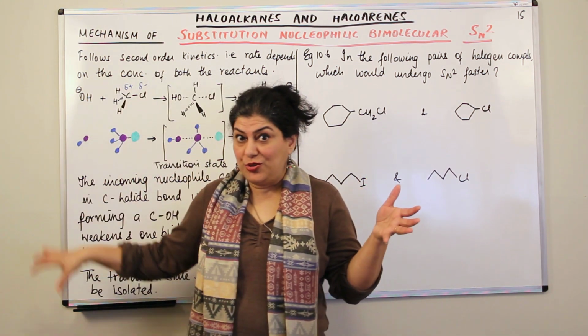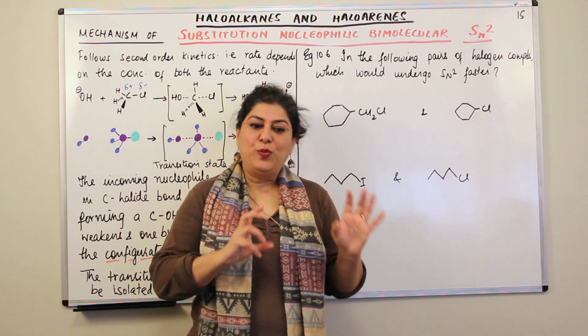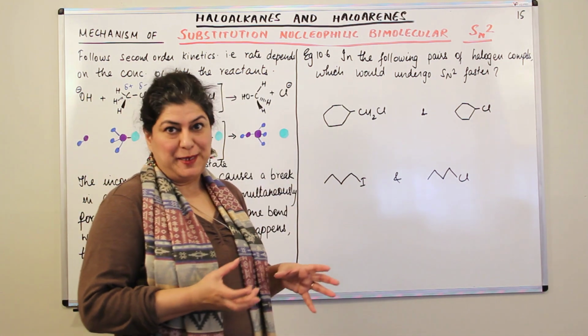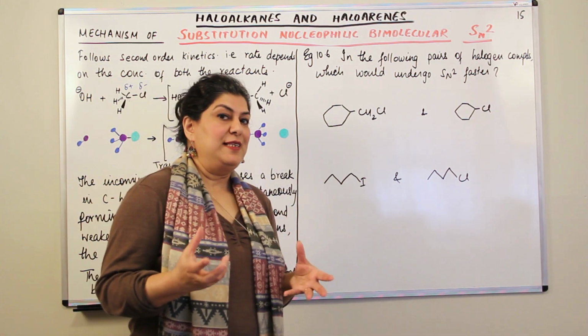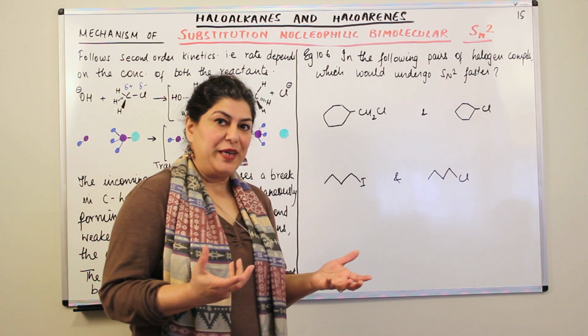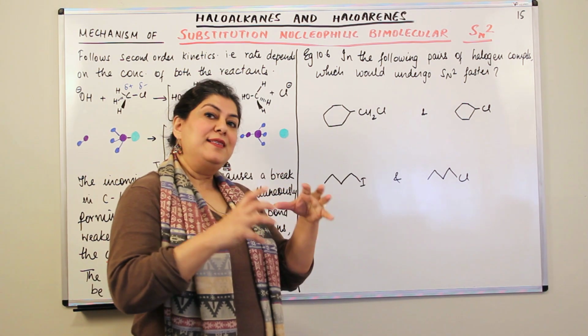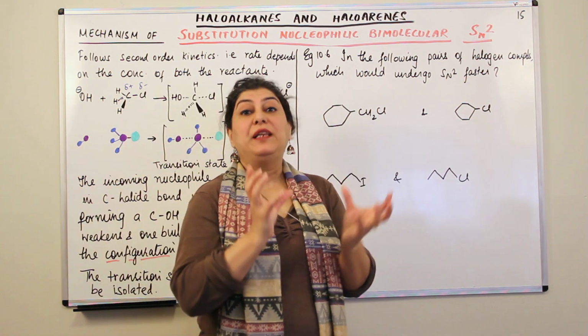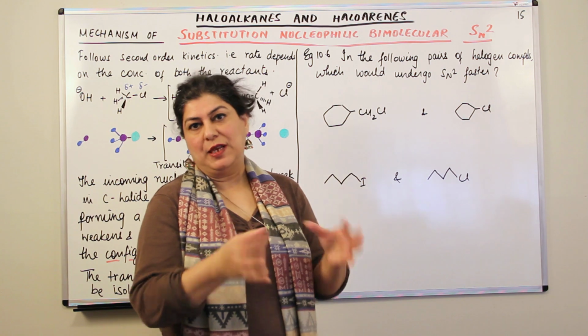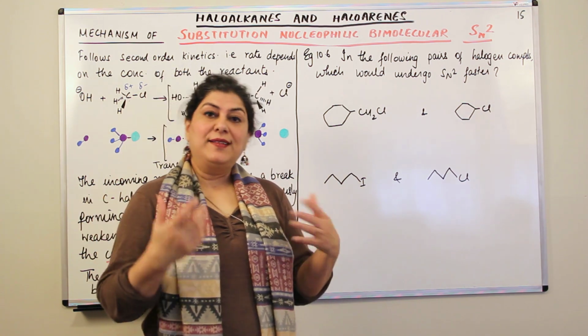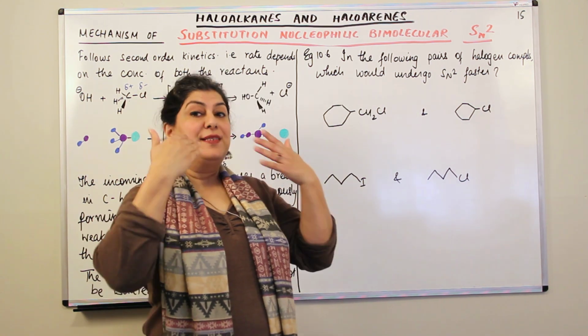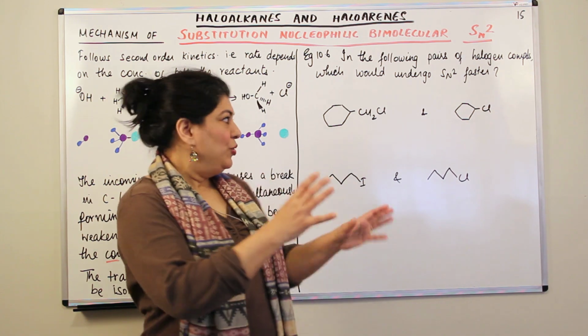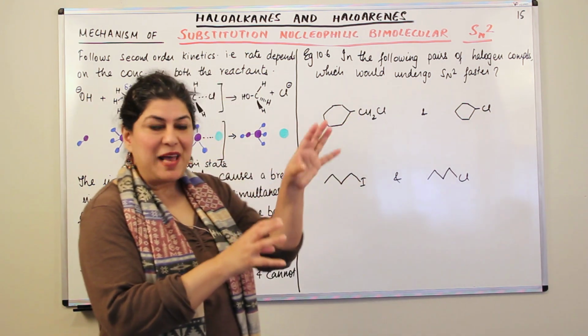Now that you have understood what SN2 is, and the 2 factors that determine how fast the SN2 mechanism will take place: one is the hindrance caused, or the inhibition caused, by bulkier groups. The more bulky the groups, the slower the reaction. And the second is which group is a better leaving group. So these 2 examples are actually one example of each.